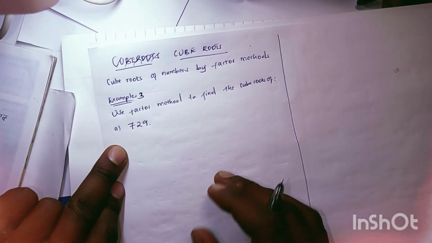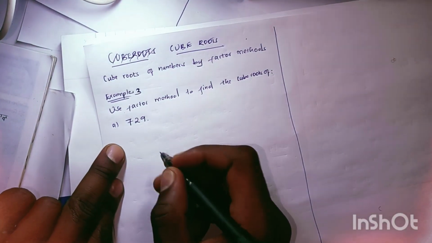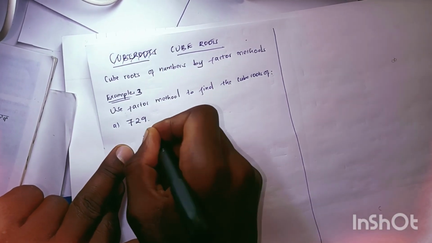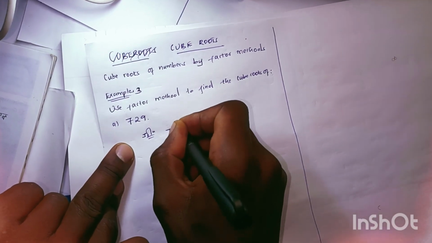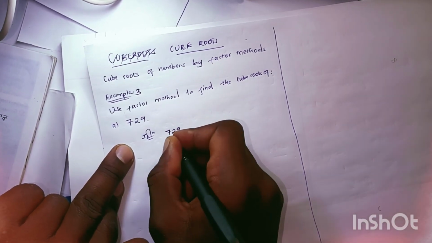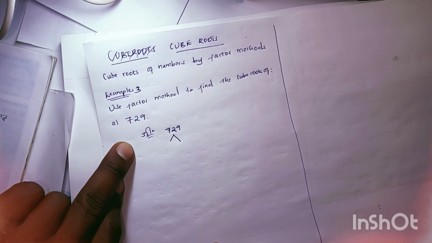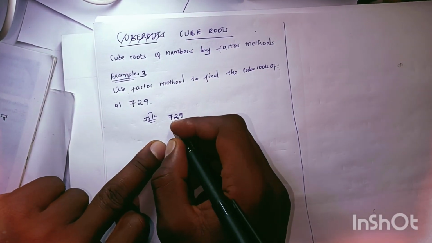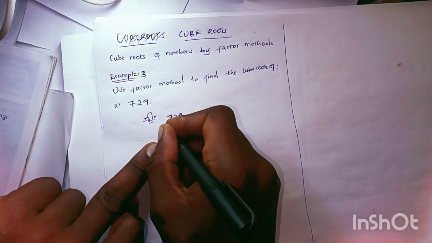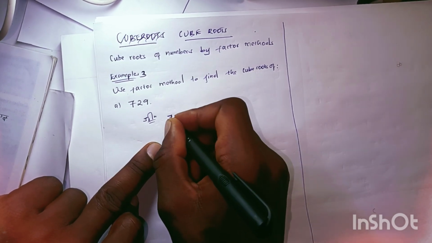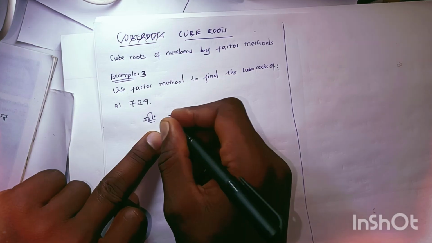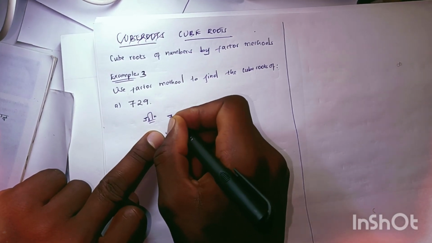It is very simple, guys. Let me just write the solution. 729, factor method. Let me begin with the least number that can divide 729. If I begin with 3, 3 goes into 7 how many times? 2 times, remainder 1.